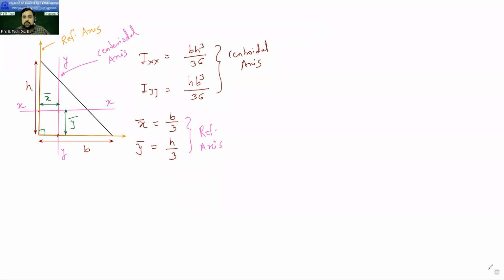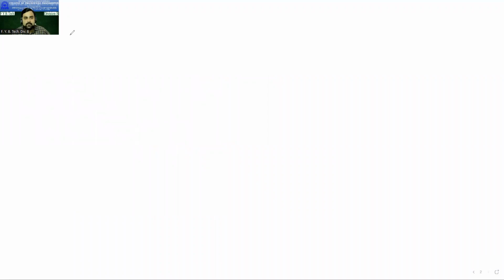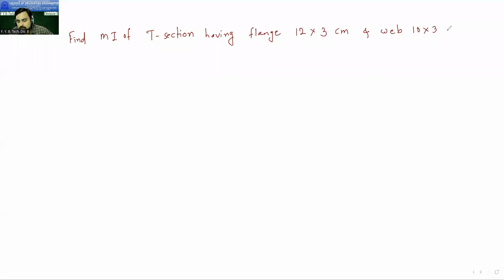So the first problem on this: find the MI of a T section having flange 12 by 3 centimeter and web 10 by 3 centimeter.